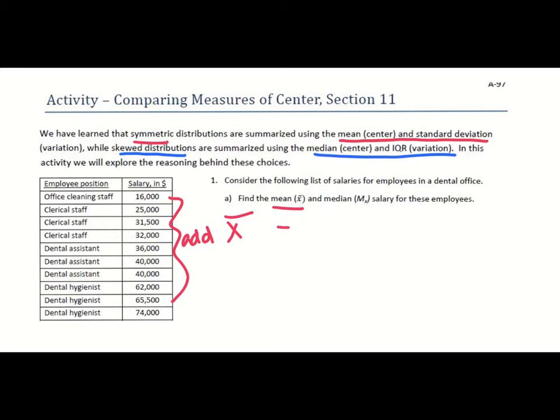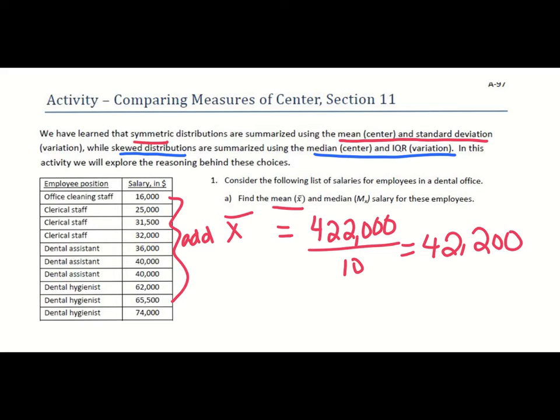And if you add all of those up together, you're going to get 422,000. And then there are 1, 2, 3, 4, 5, 6, 7, 8, 9, 10 of them, so divided by 10. That's going to give you an average of $42,200.